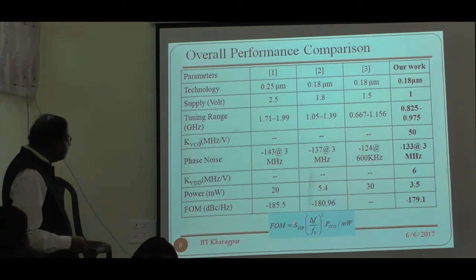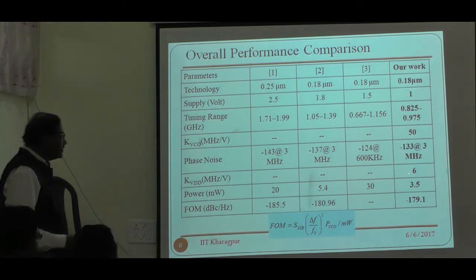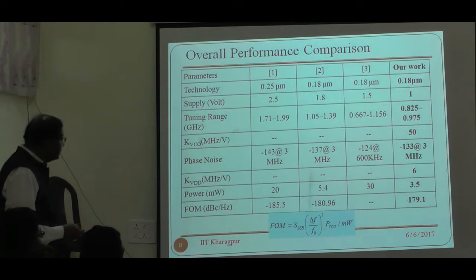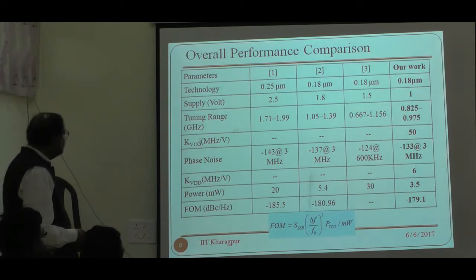The SSB is the power spectral density at the desired frequency. Suppose at 950 megahertz, what is the single side band power? So this is the figure of merit for any VCO that is defined in that way.